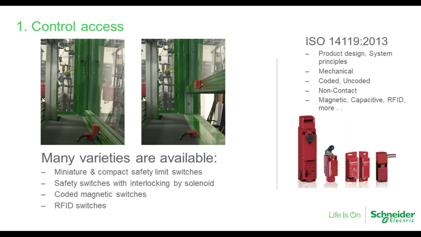And I mentioned already, there are other things to consider when it comes to controlling access. And one of them is to actually keep the door locked using interlocks. And interlocks are really nice because they do kind of two jobs. On the one hand, the interlock is usually at the point where it can sense if the guard is open or closed. So if the door is opened, it will interact with the controls to shut off the hazard.